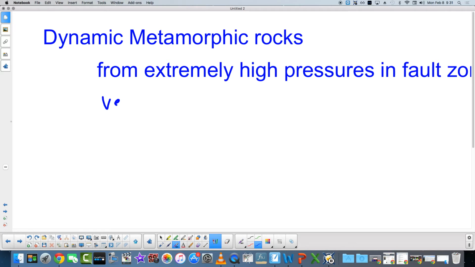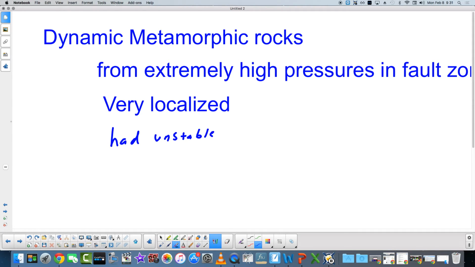They are very localized. They do not surround large areas at all. And usually they have had unstable minerals, which then were more easily recrystallized.